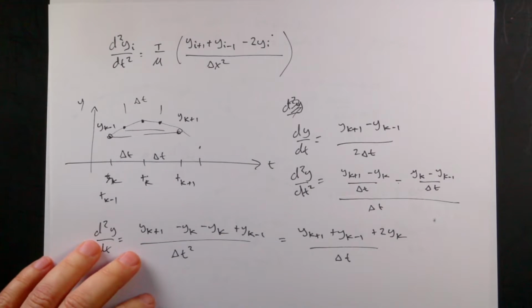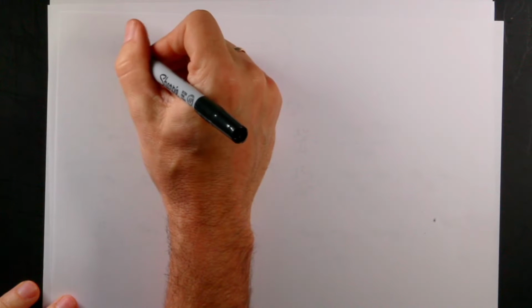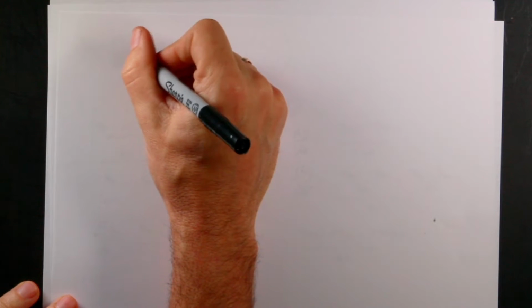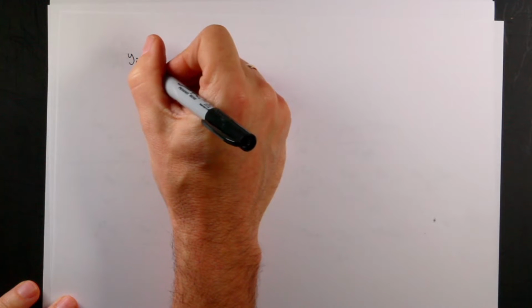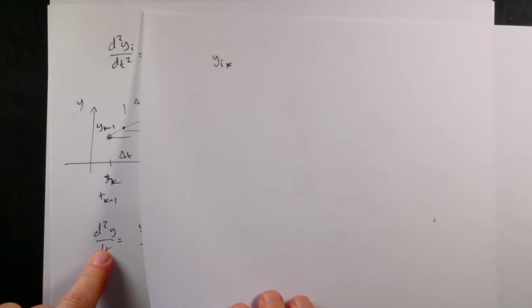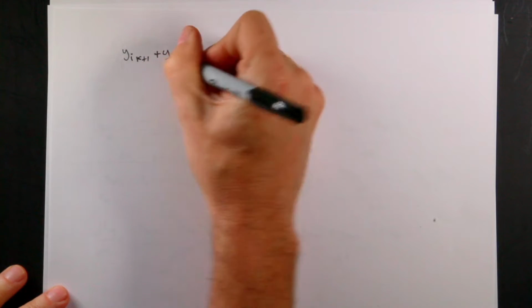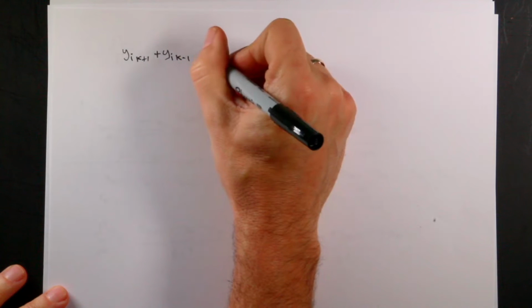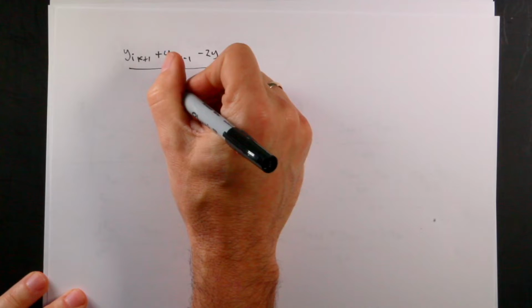So if I put that together with the other part, I get this. The second derivative with respect to time is going to be equal to, I have 2 indices, so y i,k: this second derivative over here is y i,k plus 1 plus y i,k minus 1 minus 2 y i,k, all of that over delta t squared.